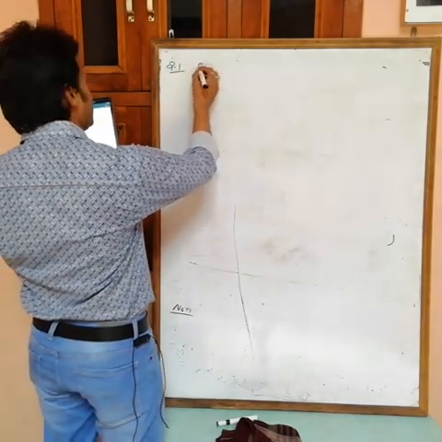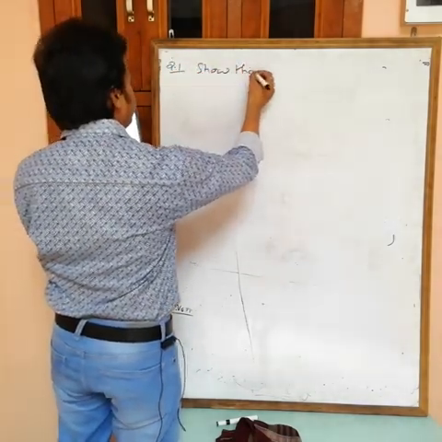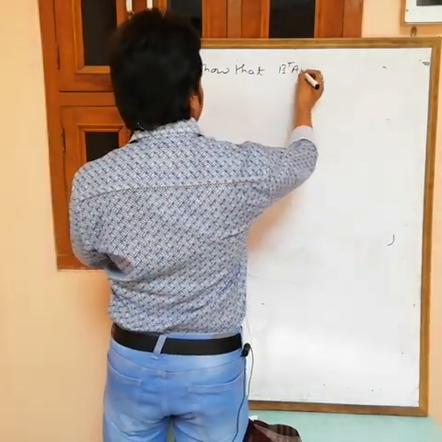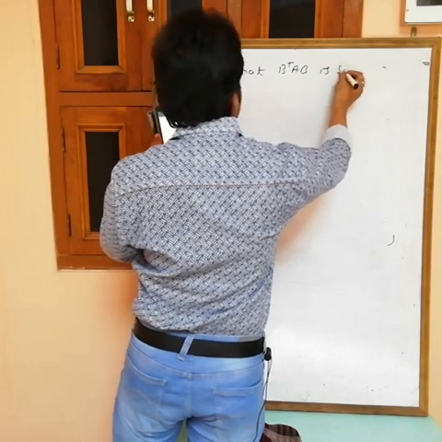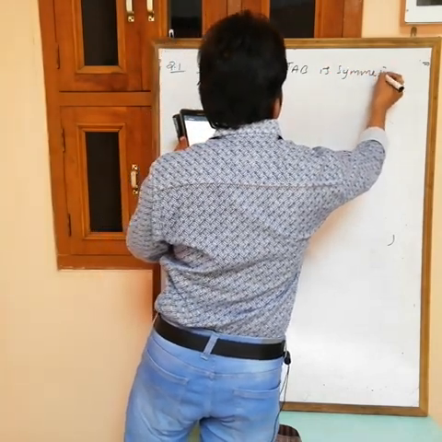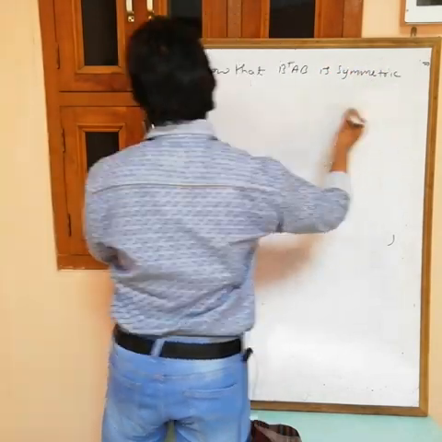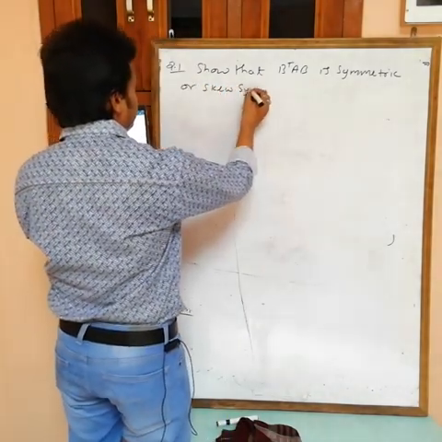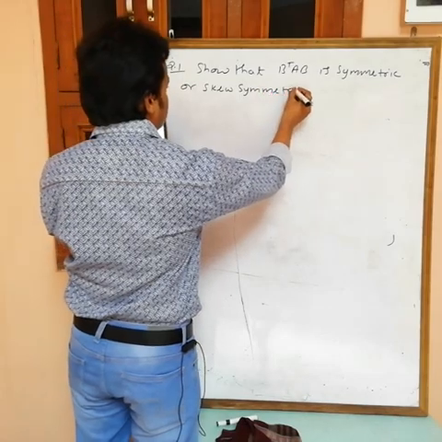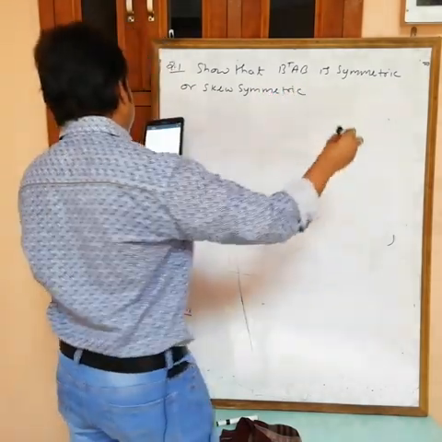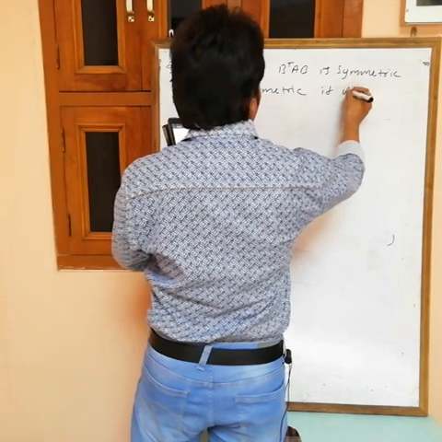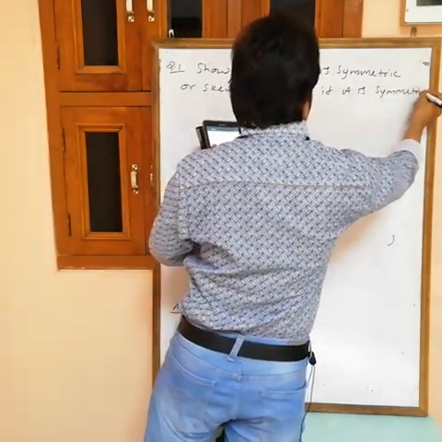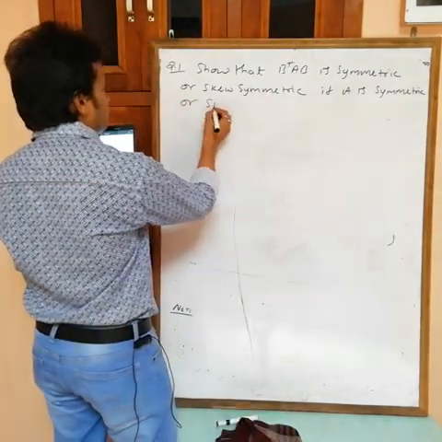Question: show that B transpose AB is symmetric or skew symmetric if A is symmetric or skew symmetric.